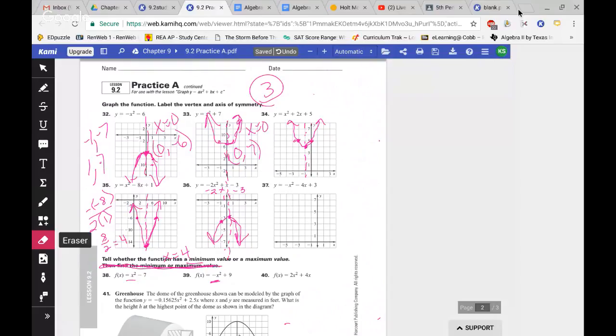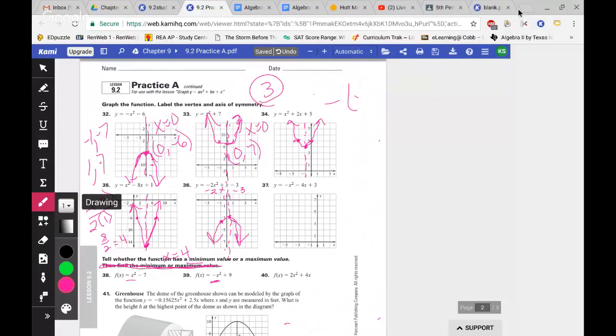Okay. So the opposite of -4 over 2 times -1. So the opposite of -4 is +4 over -2 equals -2. Did you get that for your axis of symmetry? Yes, ma'am. Praise the Lord. Woohoo! And then we'll plug in -2.